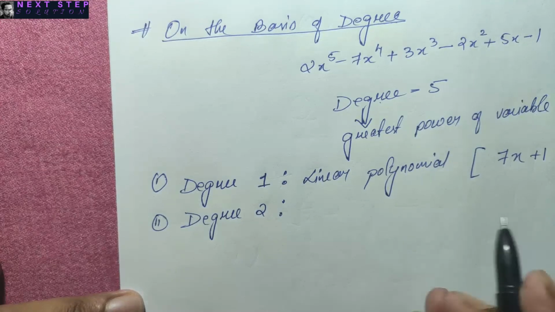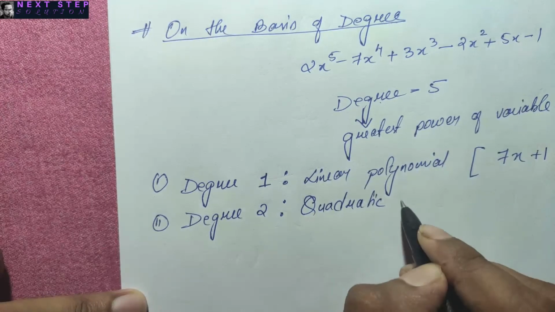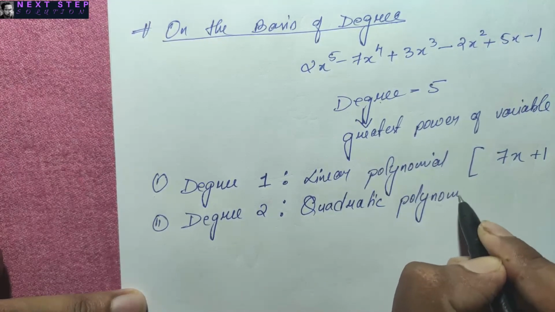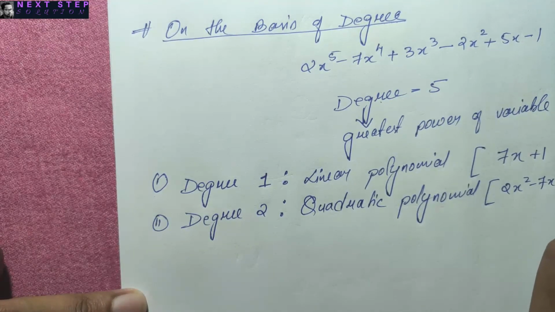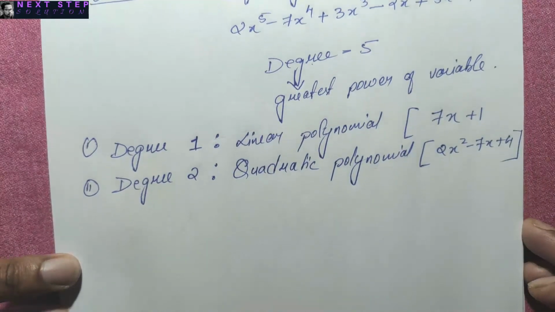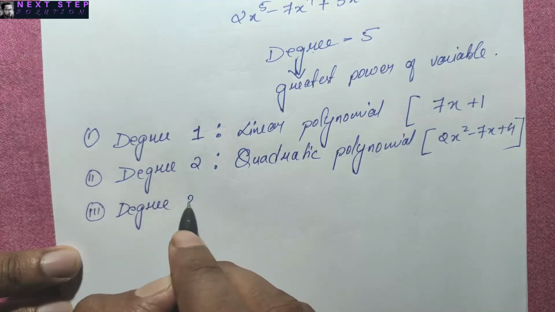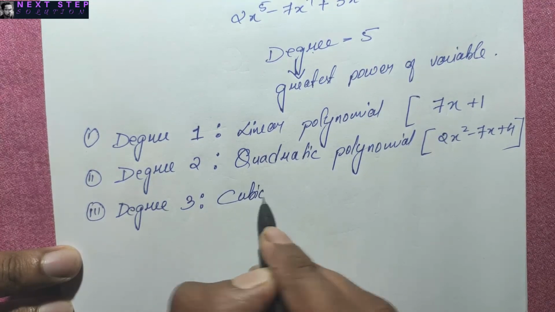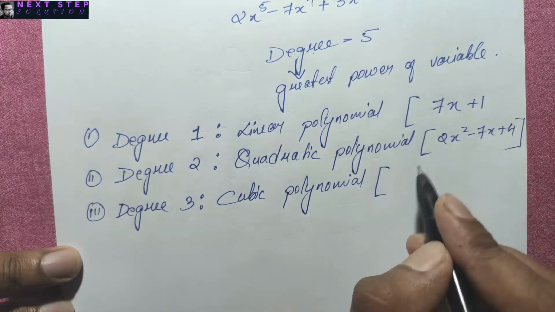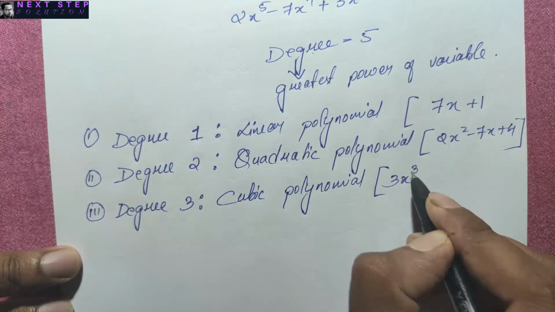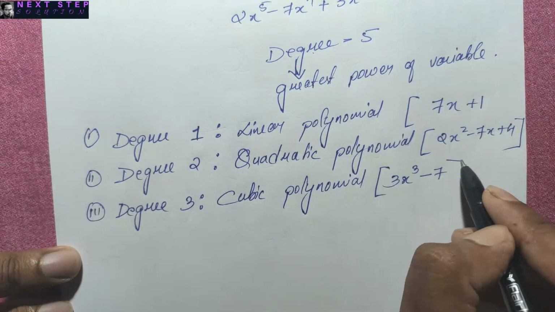If we have degree 2 or power 2, we call it a quadratic polynomial. For example, 2x square minus 7x plus 4. This is called a quadratic polynomial. Then, if it is of power 3, degree 3, we call it a cubic polynomial. For example, 3x to the power 3 minus 7. So the degree is 3, so we call it a cubic polynomial.